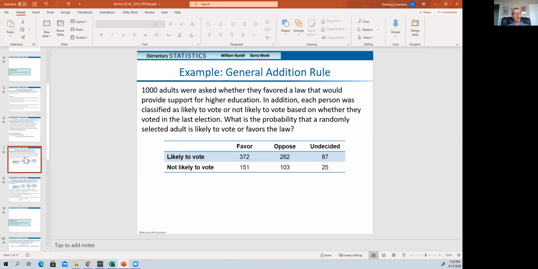So continuing, here's more of a statistical type of calculation. Say we have 1,000 adults that were asked whether they're likely to vote or not to vote, and whether they favor or oppose a certain law that would support higher education.